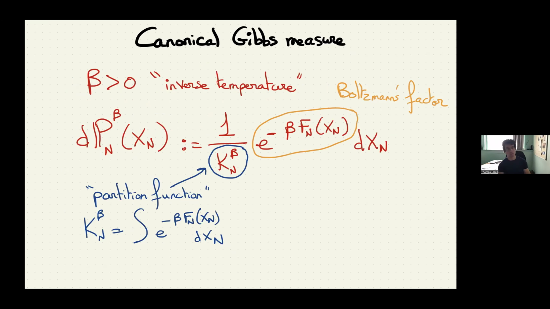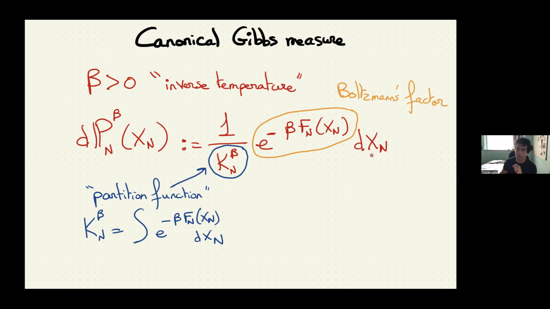And then you do the usual statistical physics procedure. You fix the inverse temperature, which I will denote by beta, and you define the canonical Gibbs measure, which is as usual. So the main thing is the Boltzmann factor, e to the minus beta times the energy.